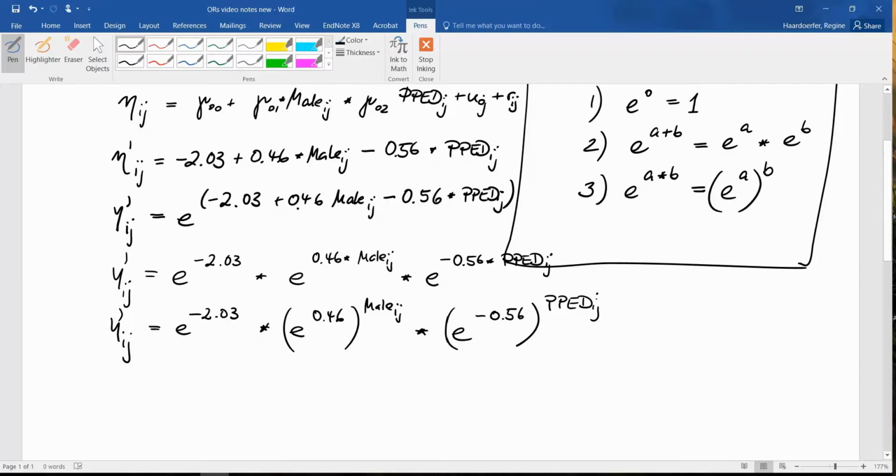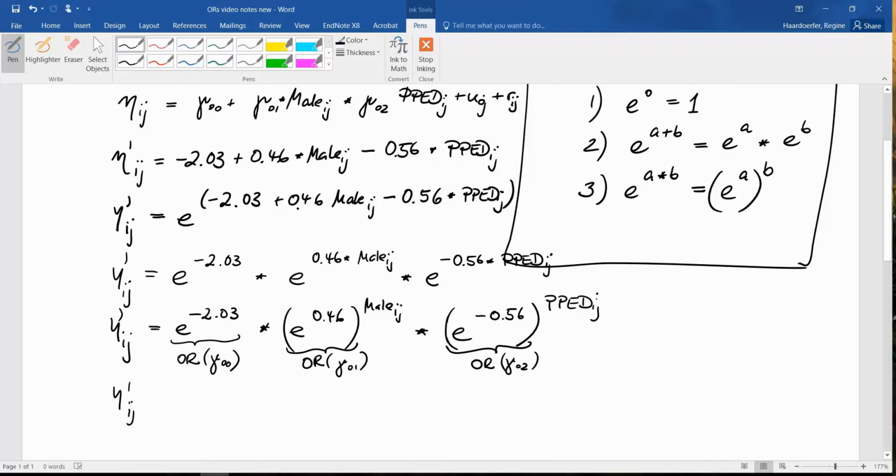Okay, now what we're getting there is e to the power of negative 2.03, which is the odds ratio of gamma 0,0. And what we have here would be the odds ratio of gamma 0,1. And then the third term is the odds ratio of gamma 0,2. And those are the ones that we have in the output.